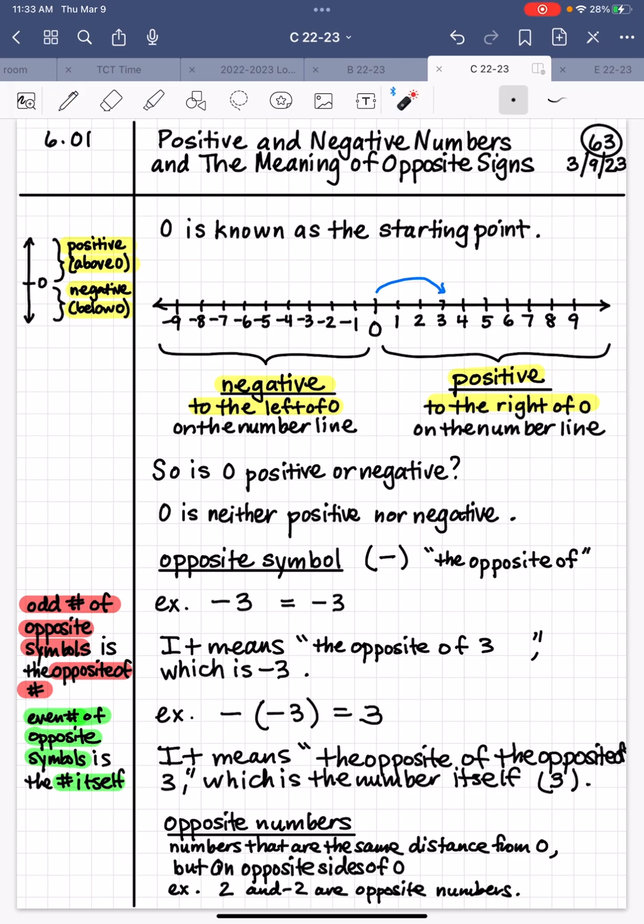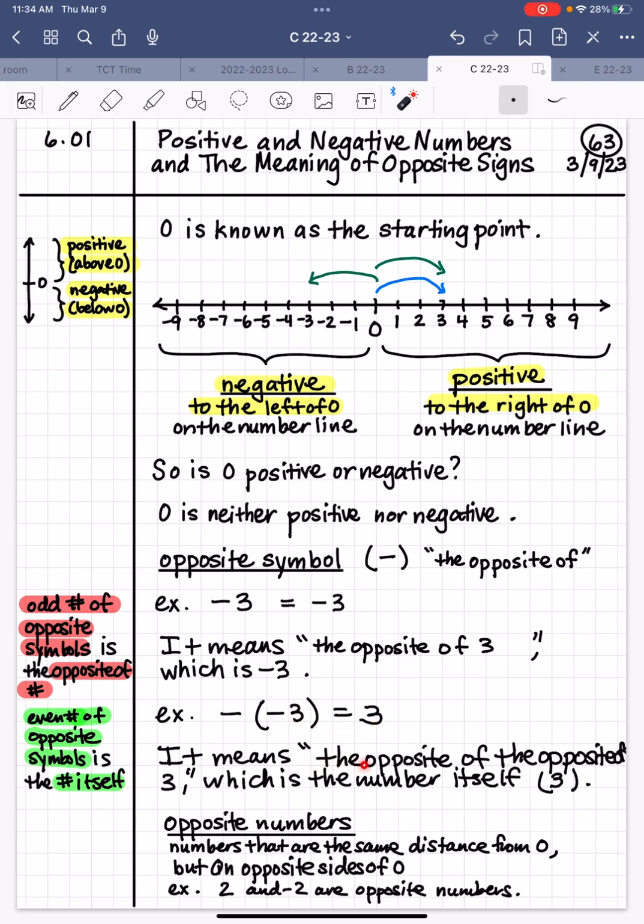And then I'm taking how many opposites of that? 1, 2. So I'm going to go like this. That's the first opposite of 3. And that's the second opposite of 3. Where do I end up? I end up at the number 3. So that's why the opposite of the opposite of 3 is equal to 3.